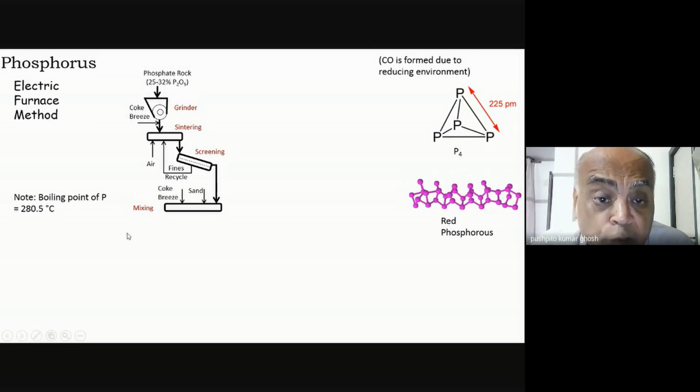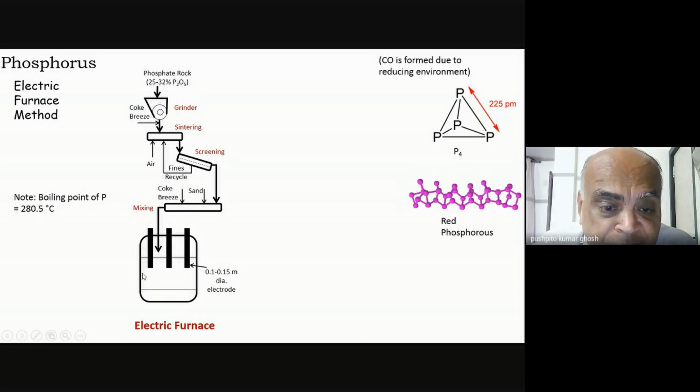And you also need coke now. The coke is required now for the reducing action. Here the coke was primarily required for the heating action, to heat it up so that you get a good sintering of the material. After that, you put an additional amount of coke along with sand over here.